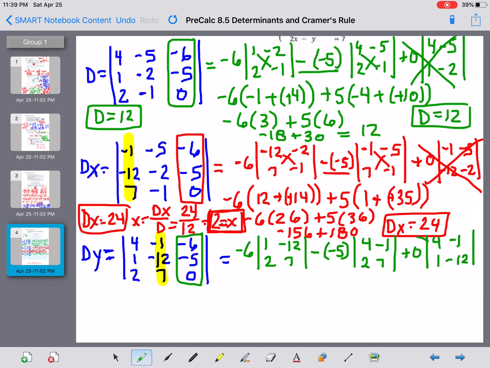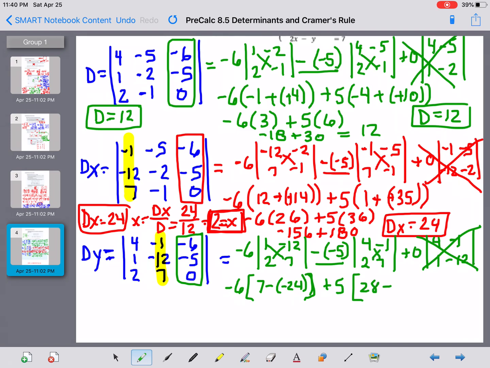All right, some math to do. -6 is my coefficient. Working on the determinant. Front diagonal is 7 minus the back diagonal of -24. Remember, I get the product to find those. My minus -5 becomes +5. My front diagonal on this one is 28 minus my back diagonal of -2.